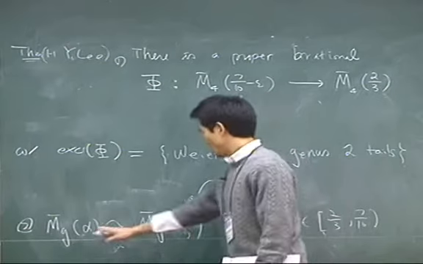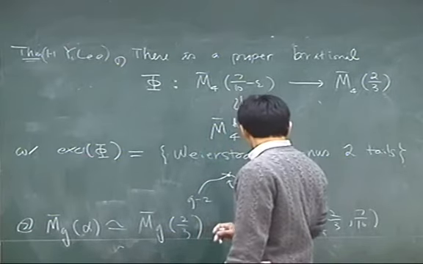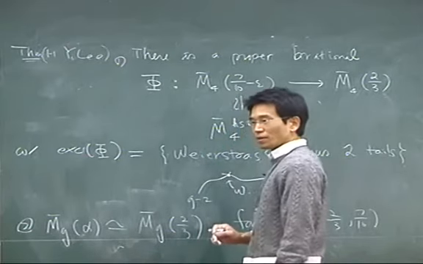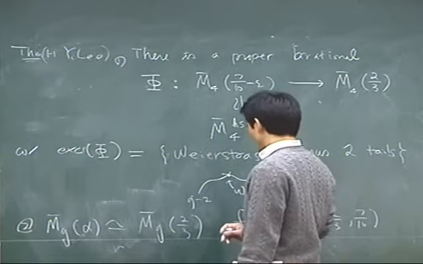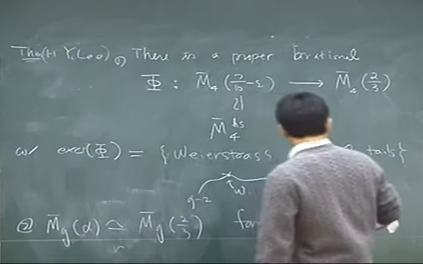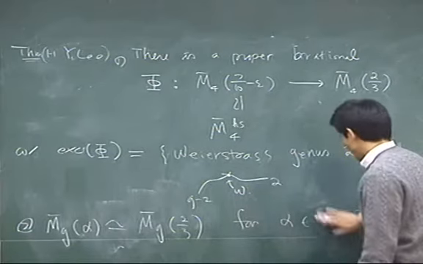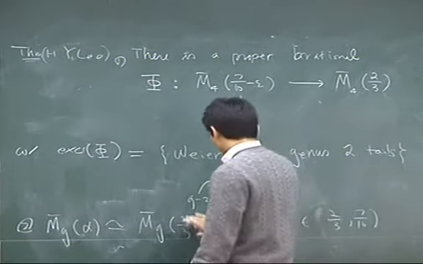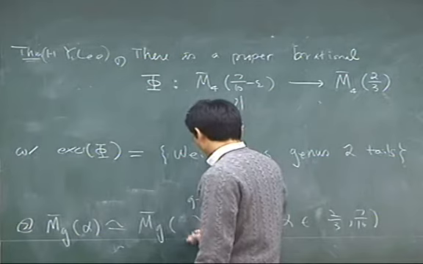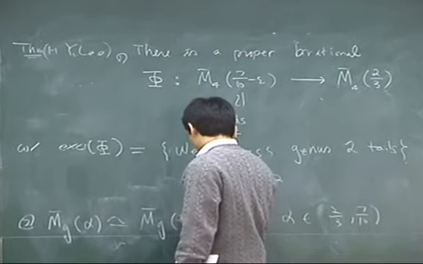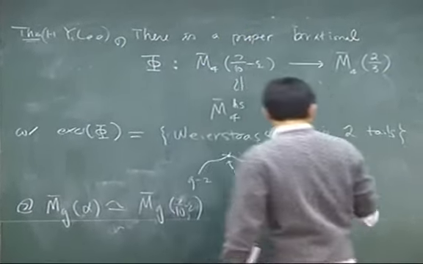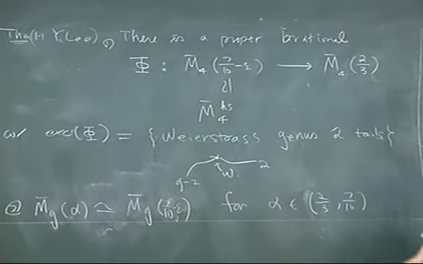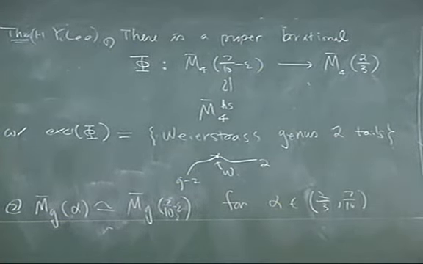Well, at 2/3, it's contracting with this. Oh yeah, you're right. Then this has actually got to be 7/10 minus epsilon, right? Yes. Sorry. You're right.